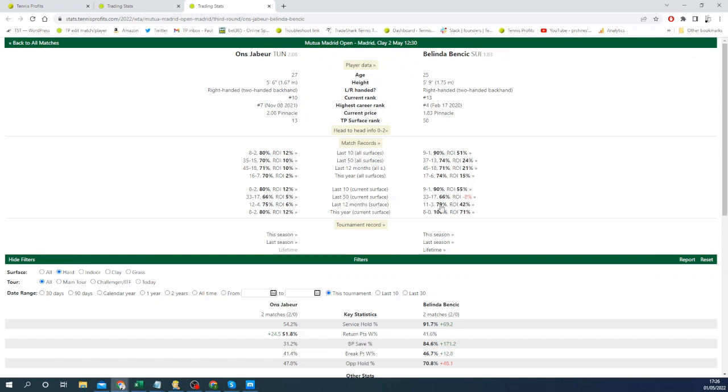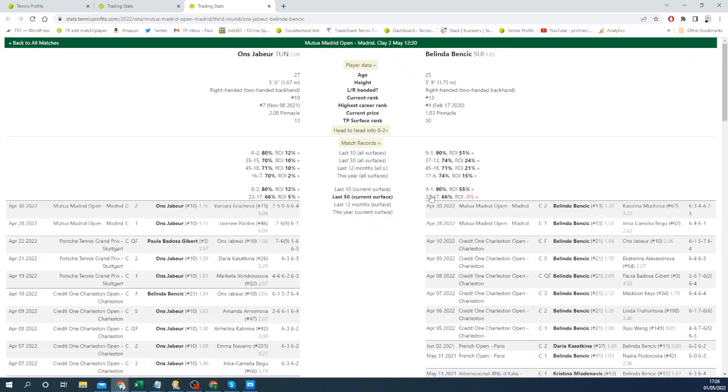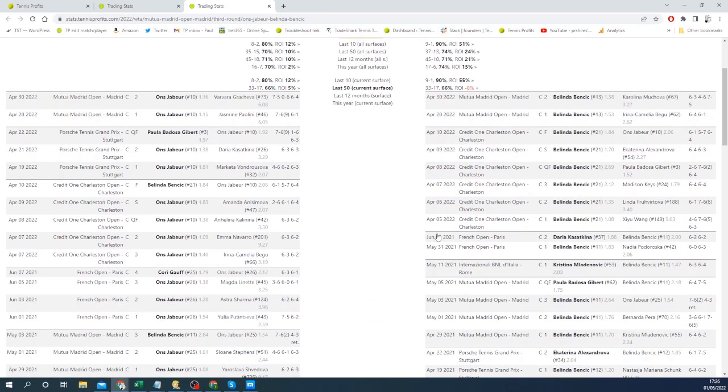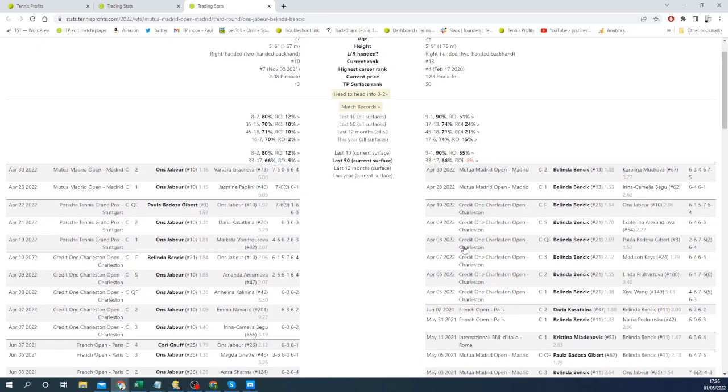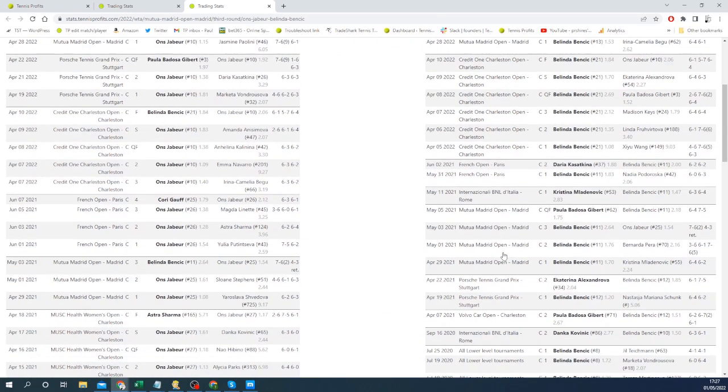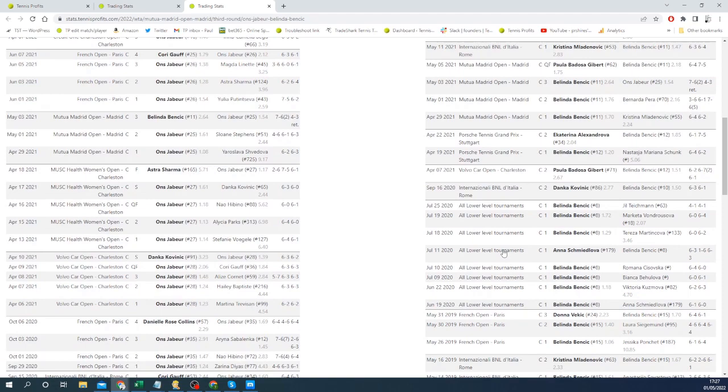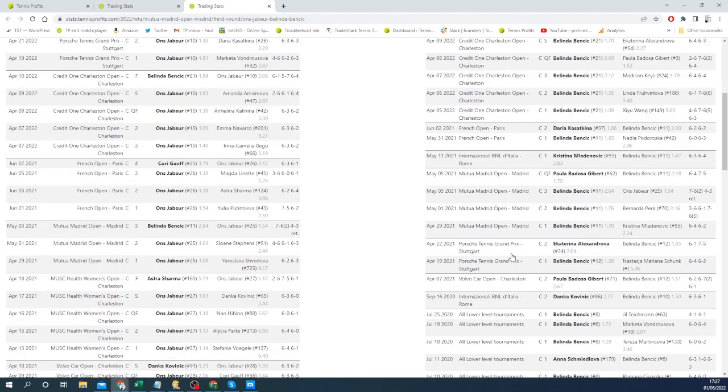Now you haven't just got these stats. If you click on, let's click on the last 50 for the current surface, which I say is clay, it opens up details of all those 50 matches. Tournaments are separated, you've got it divided between the tournaments, so you can tell reasonably easily where they've had good tournaments.